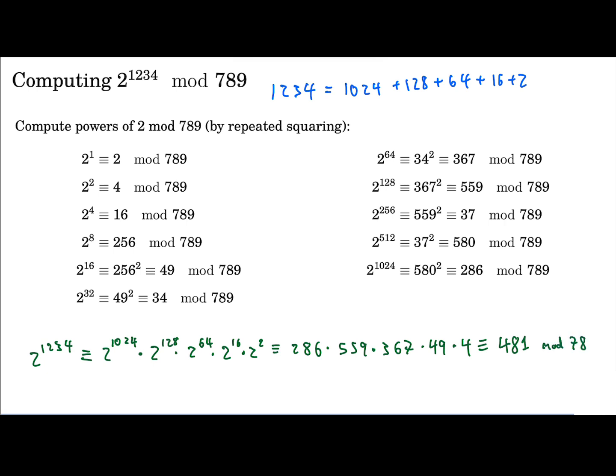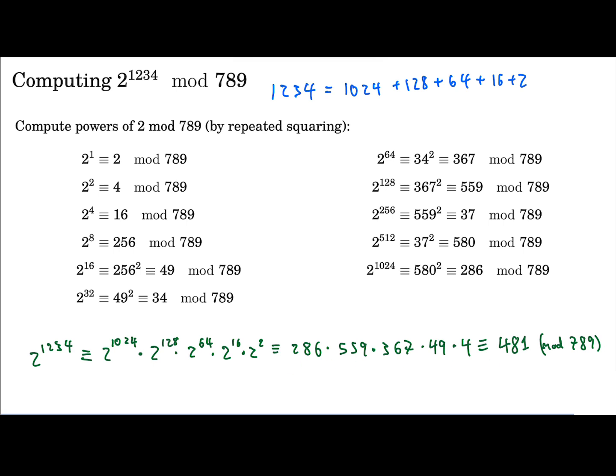And so this solves the problem. So what is 2 to the power of 1234 modulo 789? It'll be 481. And you can do this with a regular calculator, because none of the numbers are going to become too huge, right? If you take a regular calculator and try to do this directly, it's not going to work, right? And then divide by 789. So all of this you can do with a regular calculator.